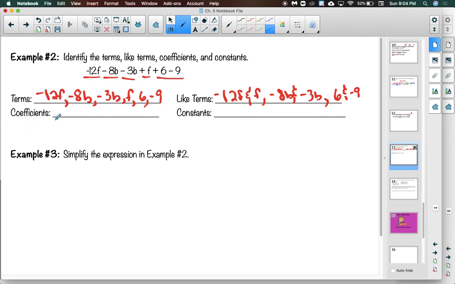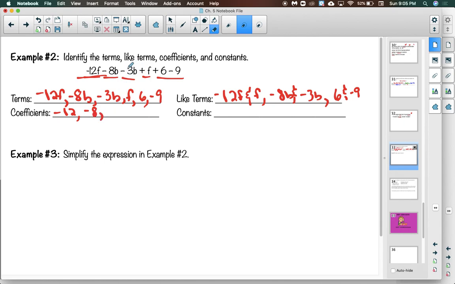Okay, coefficients. We only have coefficients when it comes to terms that have variables in them. So my first term here is negative 12f, so my coefficient is negative 12. My next term has a coefficient because it has a variable in it. That's negative 8.